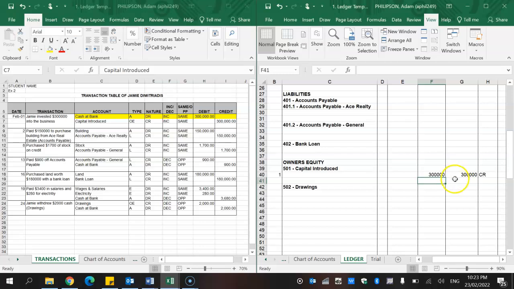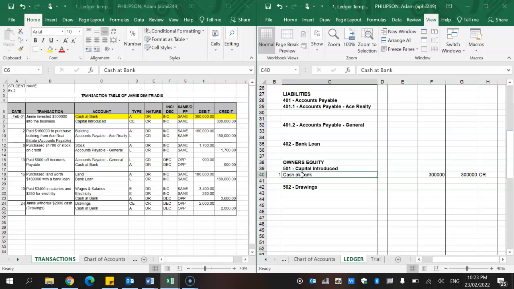We go and put our particulars in, and because we're posting the credit side of the transaction, the particulars that we put in here is the account that's on the other side of the transaction. So we're going to put in here cash at bank.